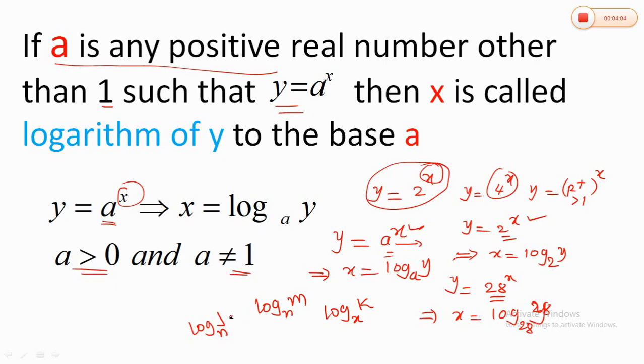Read along while observing, mentally read this one. So that is a logarithm. Log m to the base n, log a to the base b, log b to the base a. Like that you have to pronounce it.